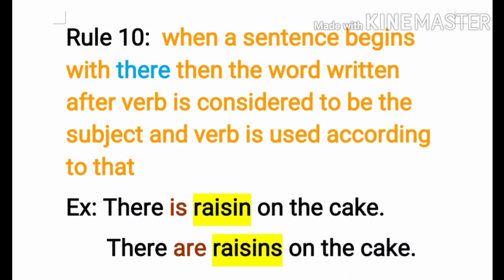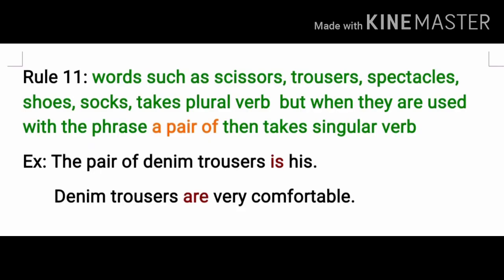For example, there is raisin on the cake. Here raisin is written after the verb is and raisin is singular, so we use is. In the second sentence, there are raisins on the cake. Here raisins is written after are and raisins is plural, so we have used the plural verb are.